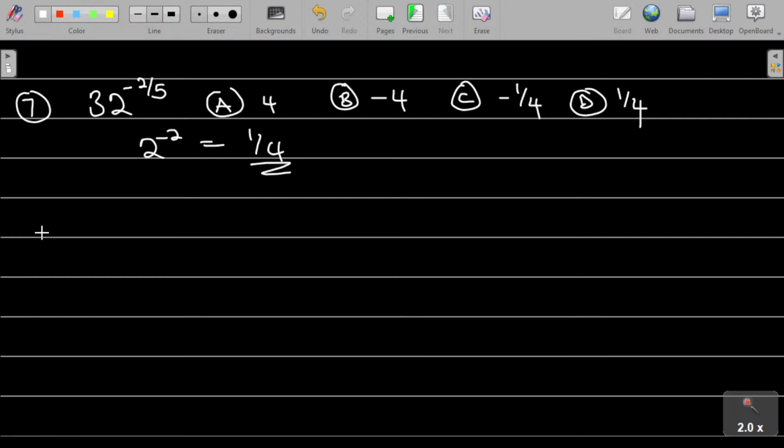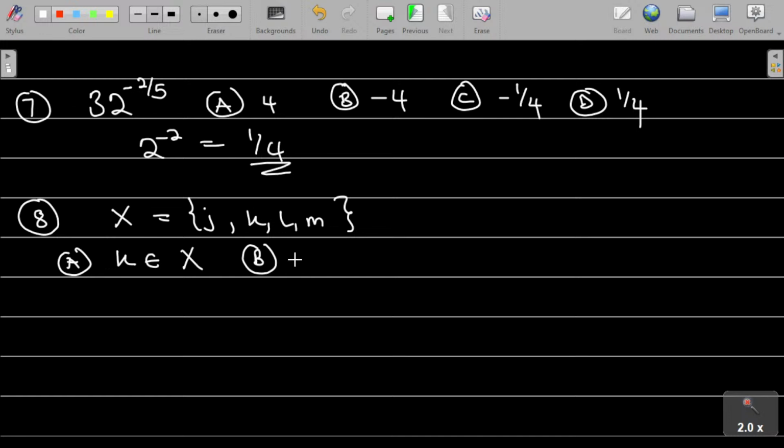Okay, the number 8. That number 8, what do you think of that? Your X is containing J, K, L, and M, and you're asked which of these is true. A, they told you that K is like this. B, they told you that this one is like this.